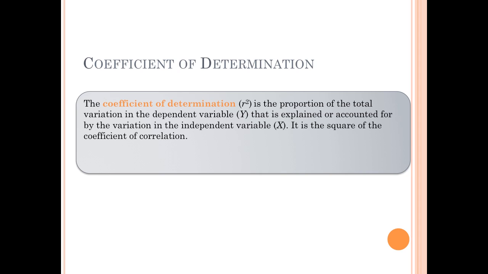So R squared is the coefficient of determination, and it's the proportion of the total variation in the dependent variable, whatever is being predicted, that is explained or accounted for by the variation in the independent variable, x. And all you do is square your correlation.